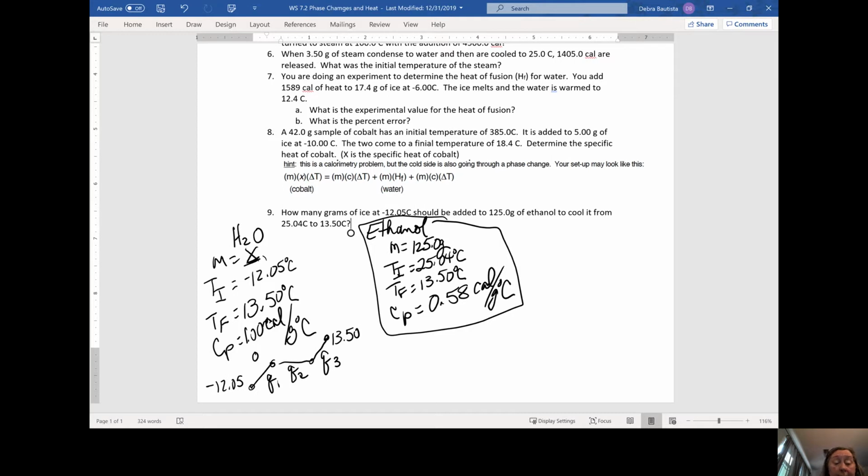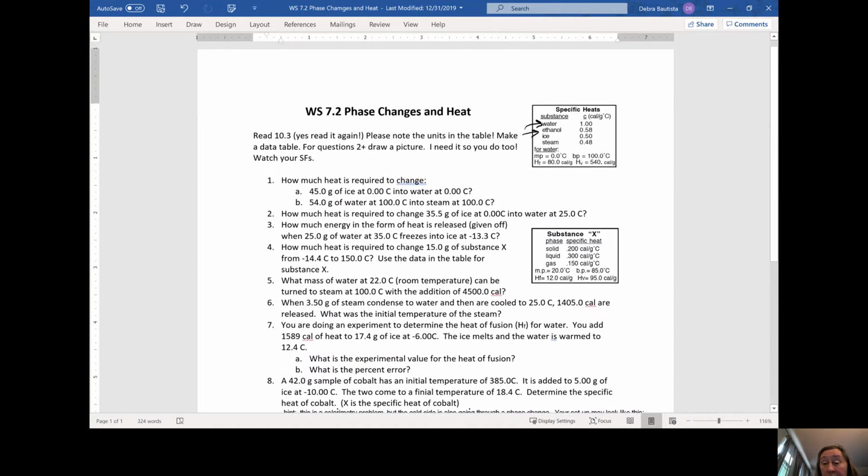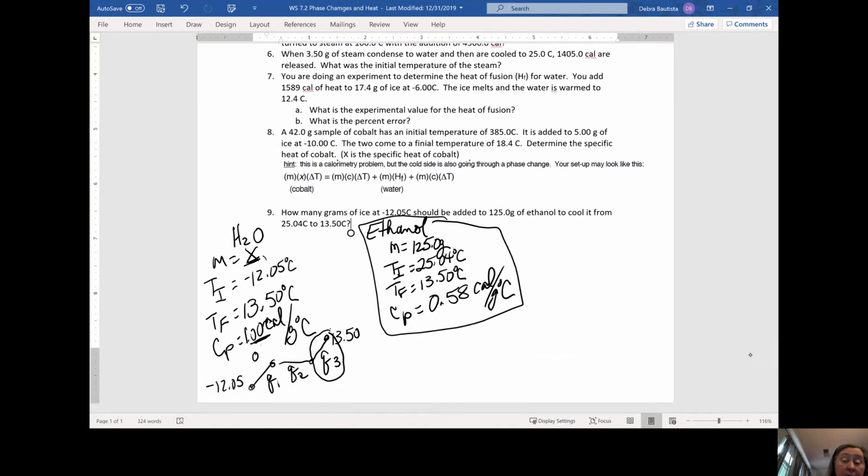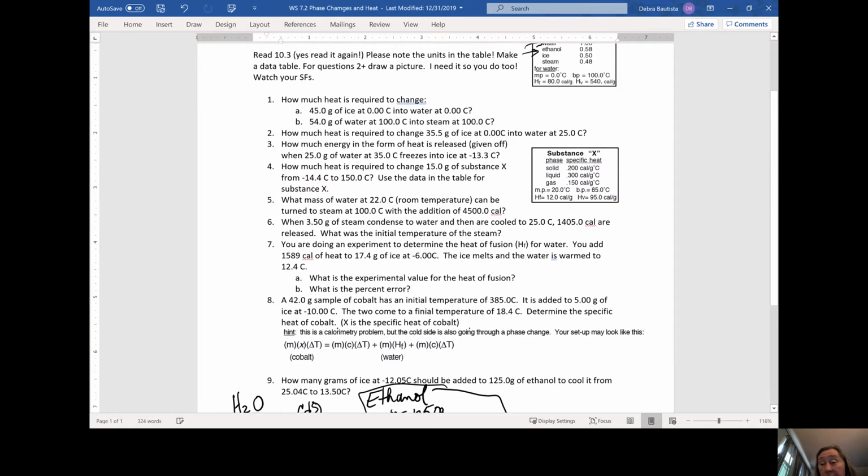So I have 3 Q's here that I'm going to have to calculate. This C sub P would only apply to Q3. For Q1, I need to use the value for ice, which is 0.50 calories per gram degree Celsius. So this is for the liquid, and then C sub P for the solid.